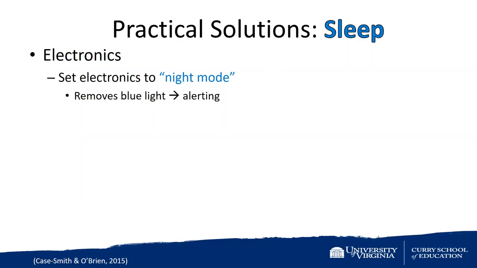It'll change the color a little bit, making it look a little more yellow or orange. Blue light is extremely alerting to the brain, so if you decrease that blue light, your child may be able to get to sleep faster. Ideally, you would stop using electronics about an hour before bedtime, but for some, that's just not practical. So moving the electronic device into night mode may really help with sleep.